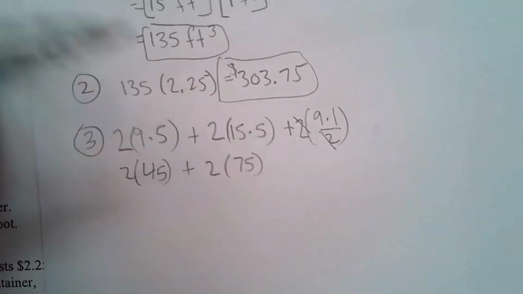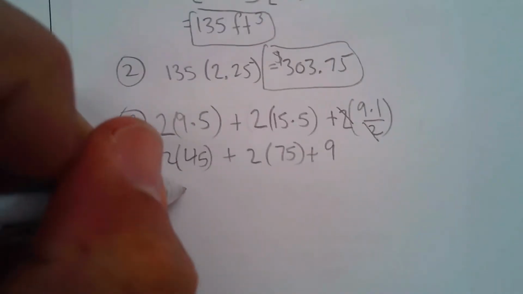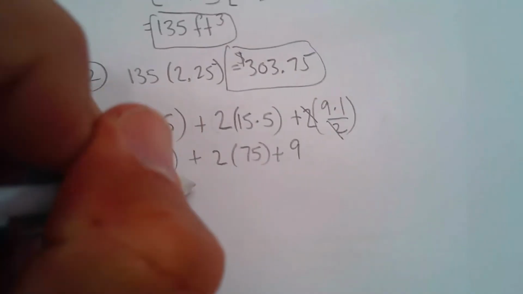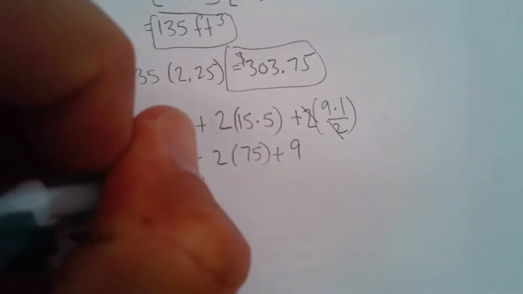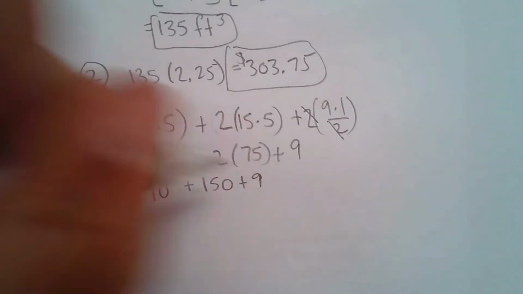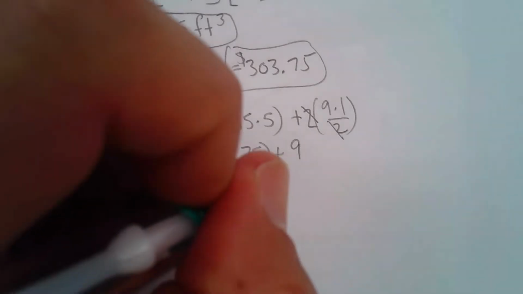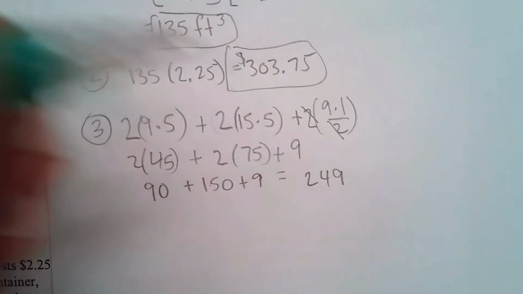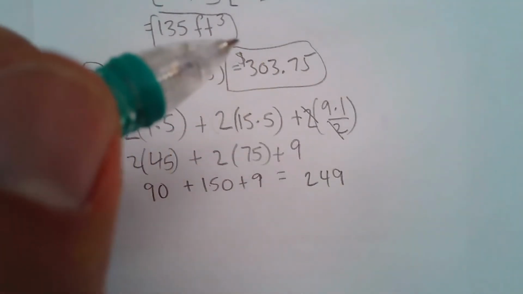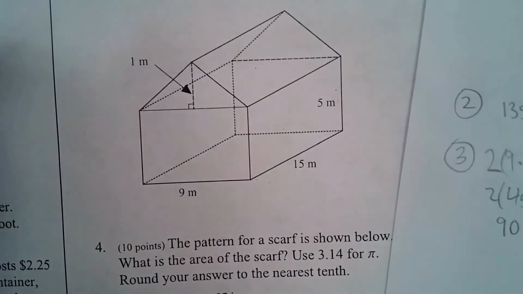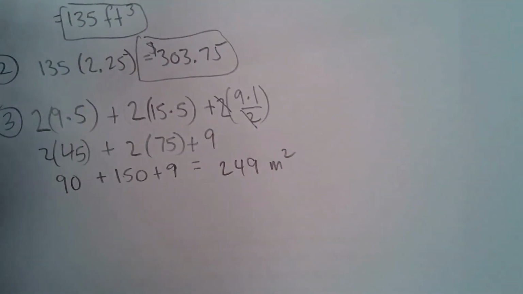The 2's can just cancel, and 9 times 1 is 9, so plus 9. 45 times 2 is 90. 75 times 2 is 150, I believe. 150 plus 9, so that would be 249 square feet. Is it feet? It's all in feet, right? Oh, wait, meters. Square meters. So we have the 249.